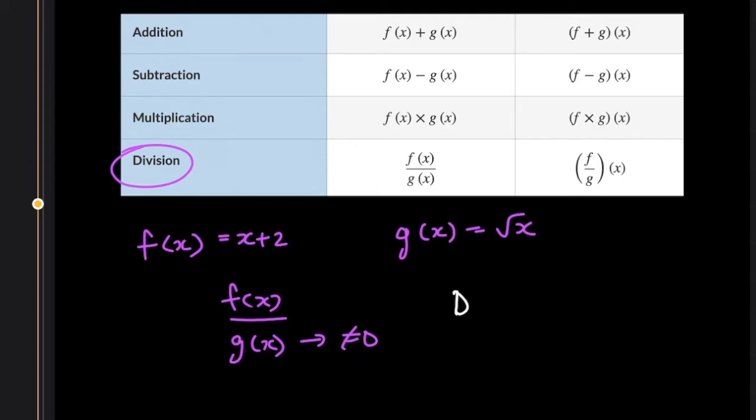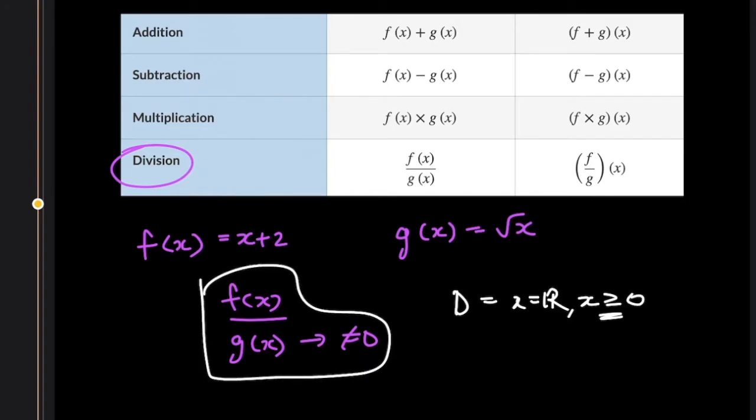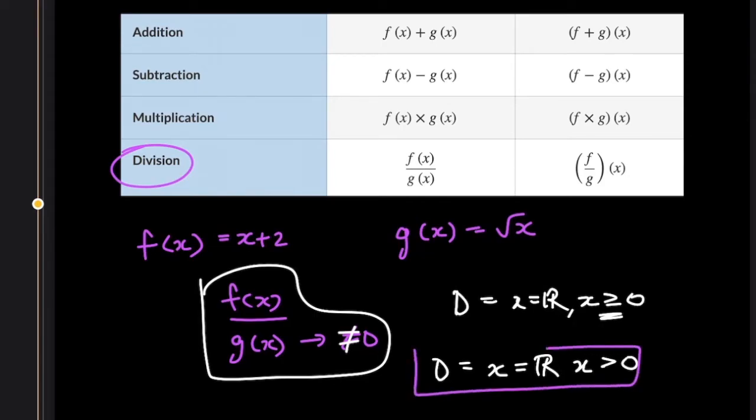Our domain before for the combined function, for the three operations, was x is all real values, but x has to be greater than or equal to 0. Now if we have the division, we cannot have x equal to 0. So therefore the domain would then simply become x is all real numbers, but x has to be greater than 0. This would be the domain for our division, because for division, we need to keep in mind that the denominator can never equal 0.